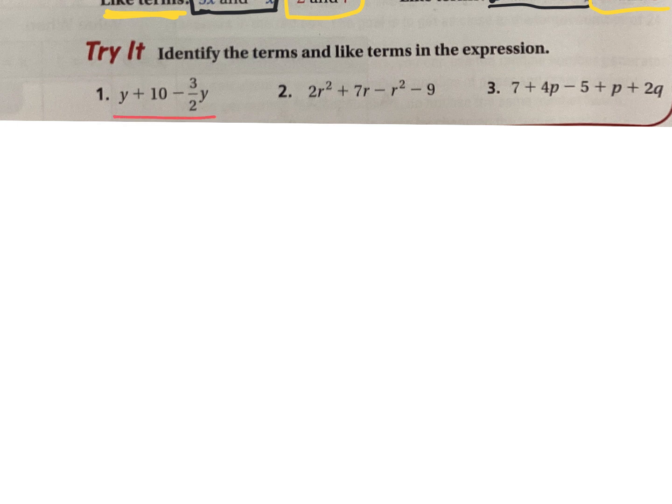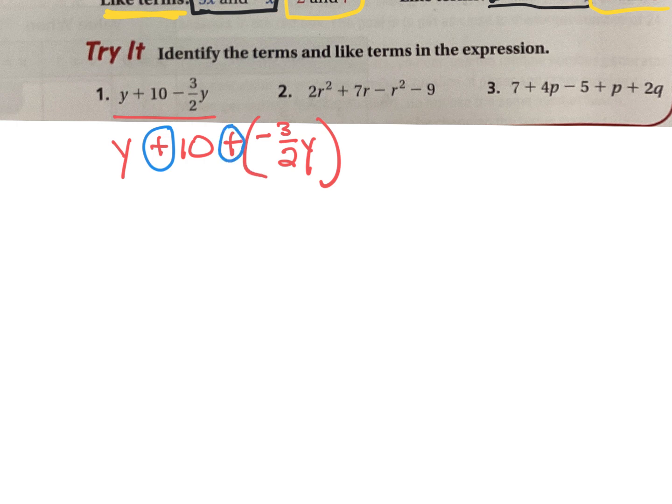So we have this first one here, which is y plus 10 minus 3 halves y. So I'm going to make everything into an addition. So I have y plus 10, okay, so I like that, that's an addition. Now the next one says minus 3 halves. So I'm going to change that to be plus the opposite, negative 3 halves y.